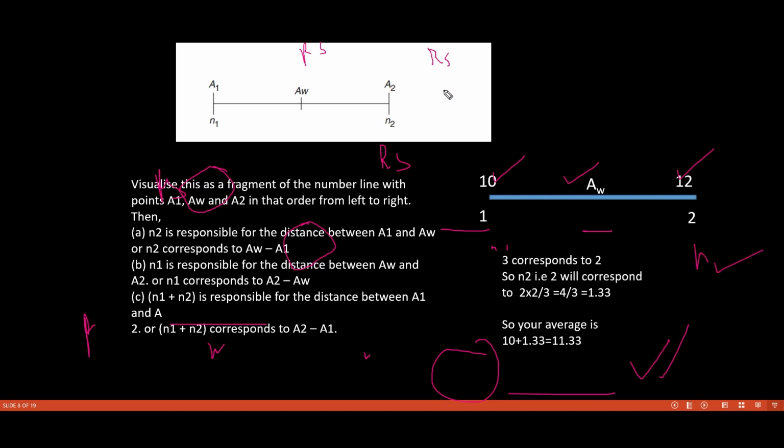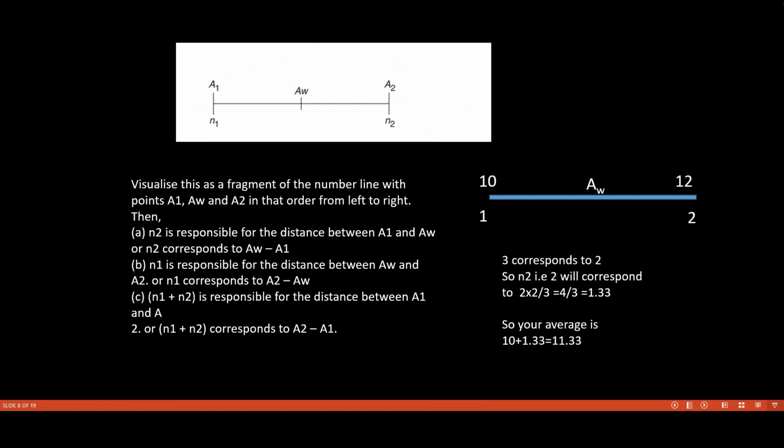So you can represent this as A1, AW in the middle, and A2 on the right side, and then you have N1 and N2. Corresponding to A1 you have N1, and corresponding to A2 you have N2. Now what we are trying to visualize in this line is that whatever distance A1 has with AW is because of N2.